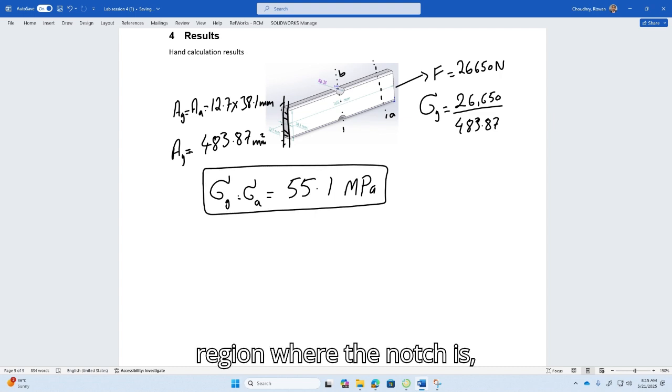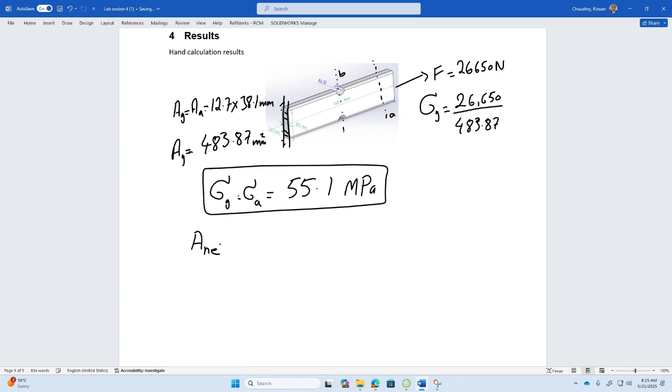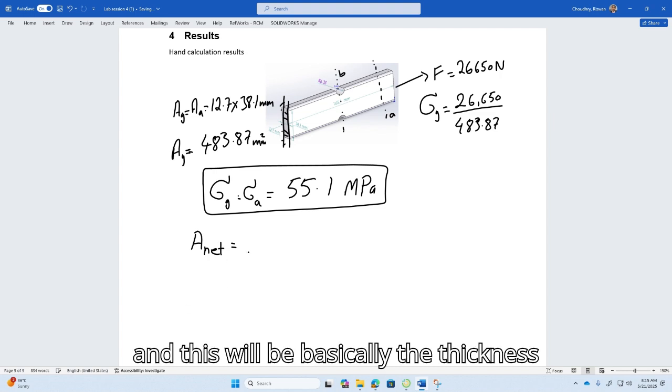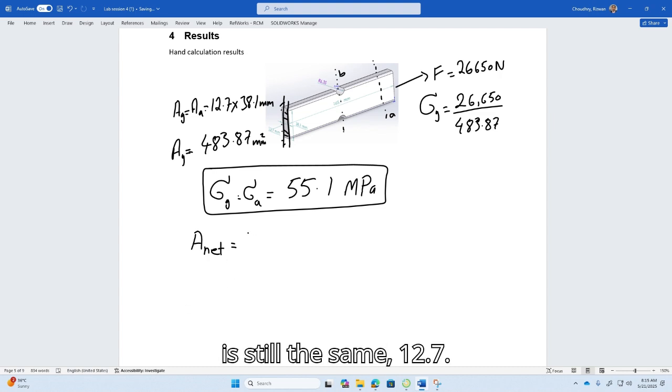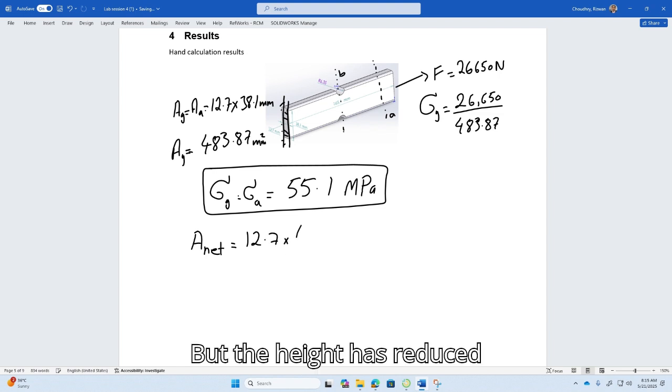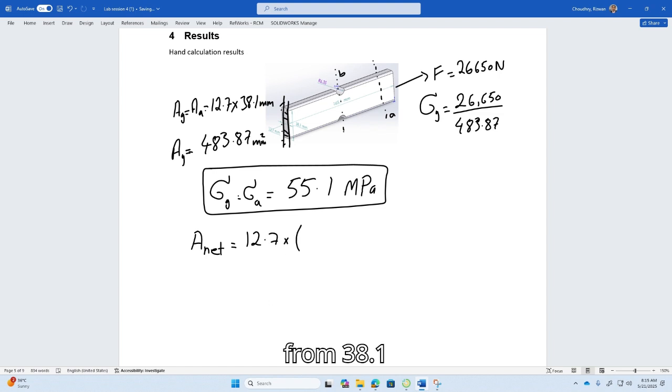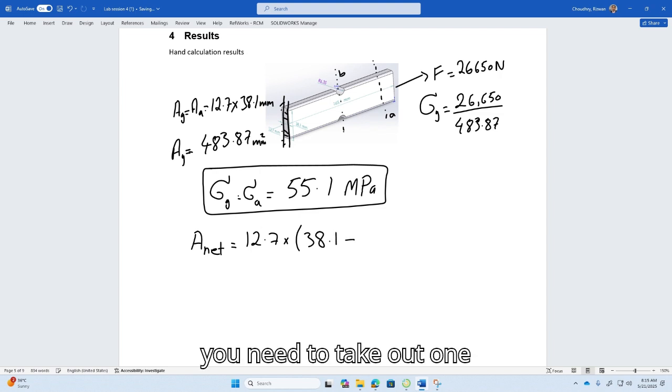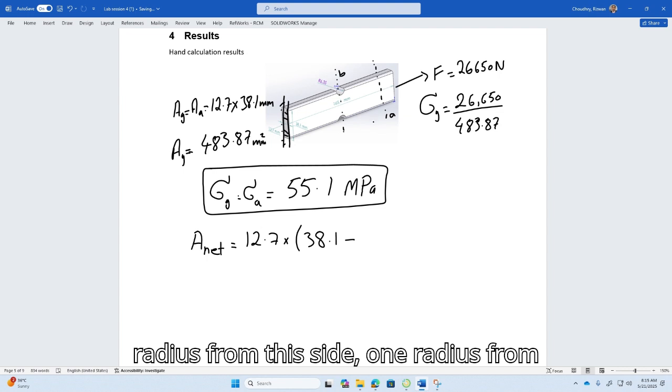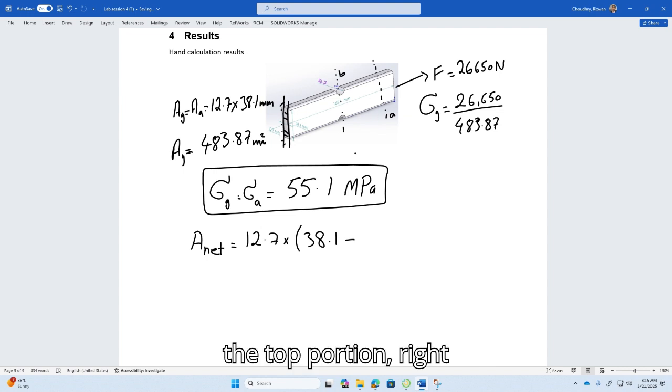In the region where the notch is, the area will be the net area, and basically the thickness is still the same, 12.7, but the height has reduced from 38.1. You need to take out one radius from the bottom and one radius from the top portion, right?